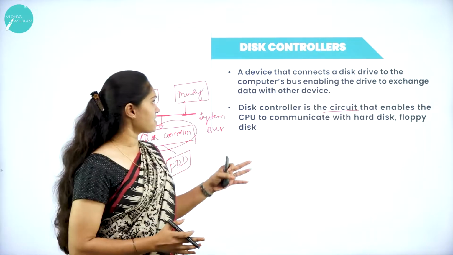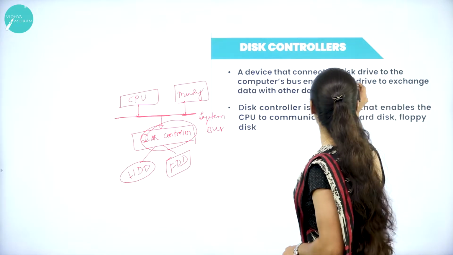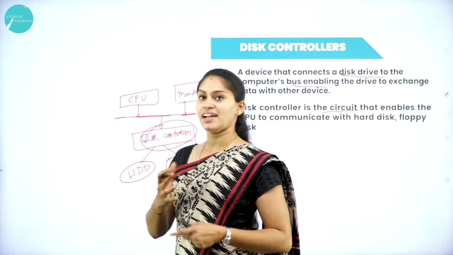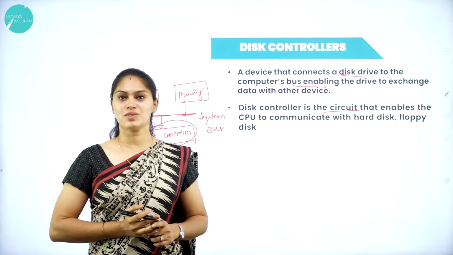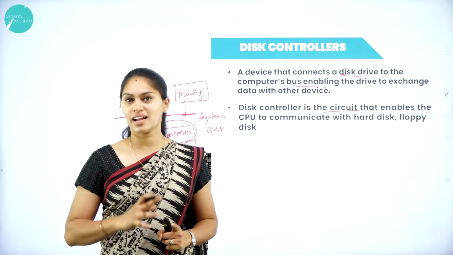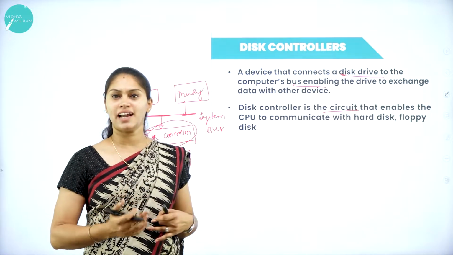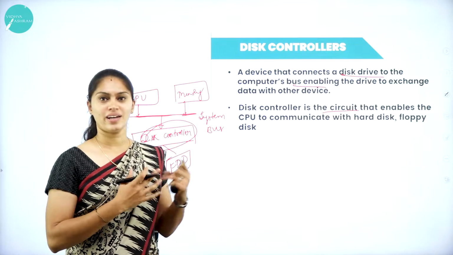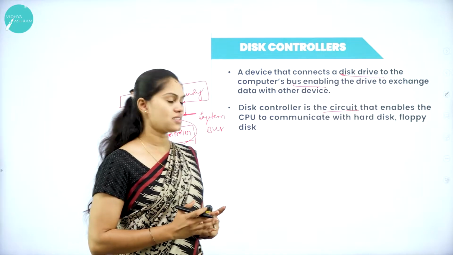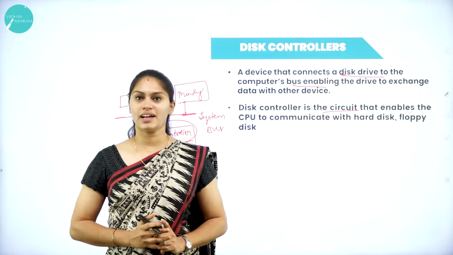It is a device that connects a disk drive to the computer bus, mainly to enable data transfer between the various components of a computer system. There will be two kinds of operations, read and write, that is nothing but data transfer. In order to exchange data or information, we require this disk controller. It is a circuit that enables the CPU to communicate with a hard disk, floppy disk or any other kind of disk.